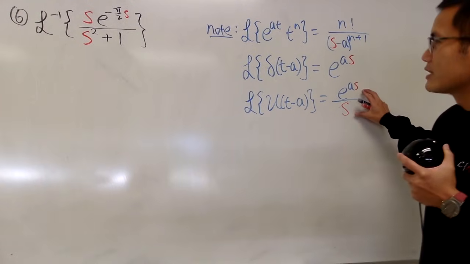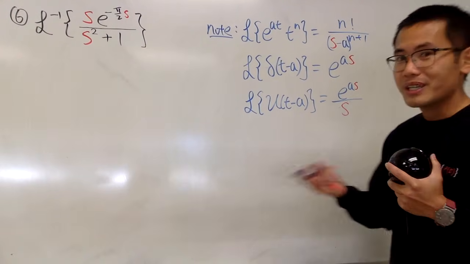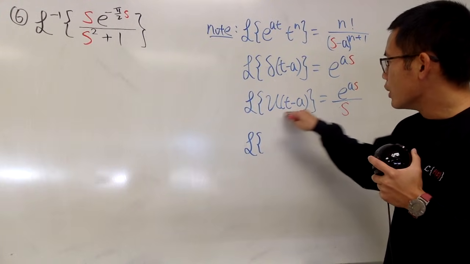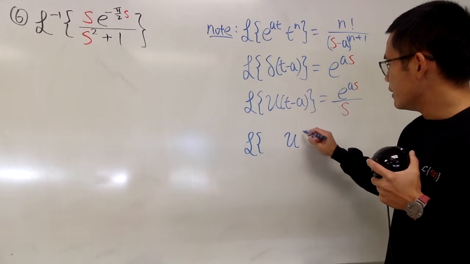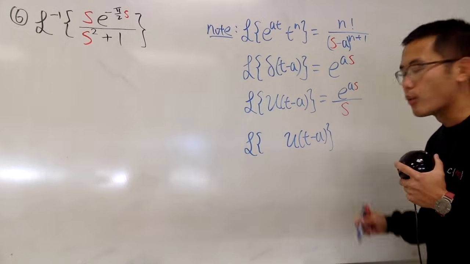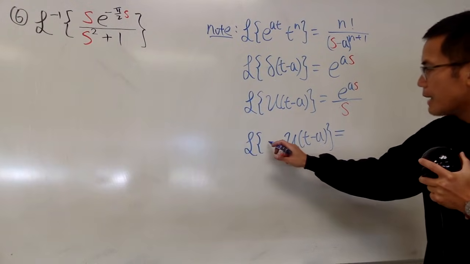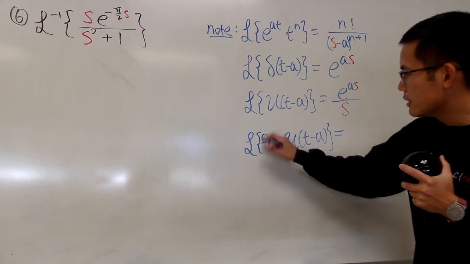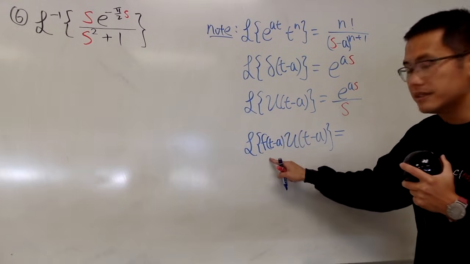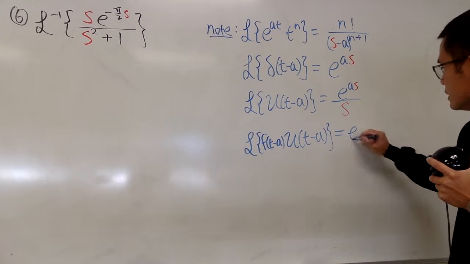However, this right here is not quite the same as that. So in fact, we have to look at the harder version of all this. One more for you guys. When you have this right here, this is the time that you usually end up with e to the as power. If you multiply by some function, I'll just put f, and they have the same input, t minus a, then this part is the same as that, which is e to the as.